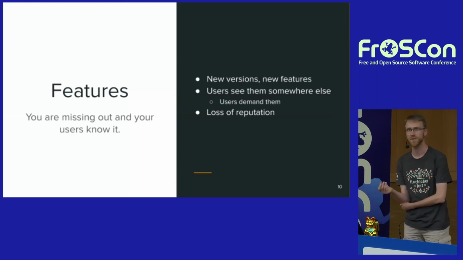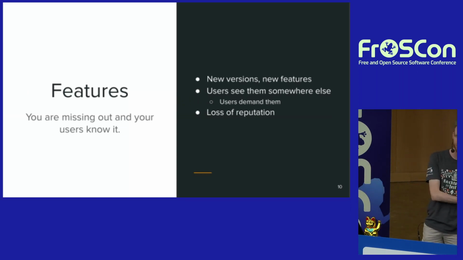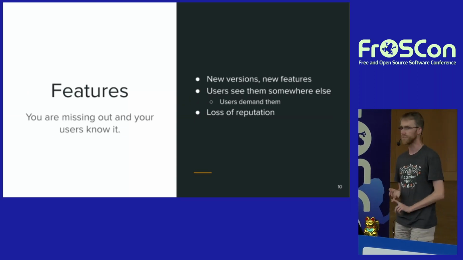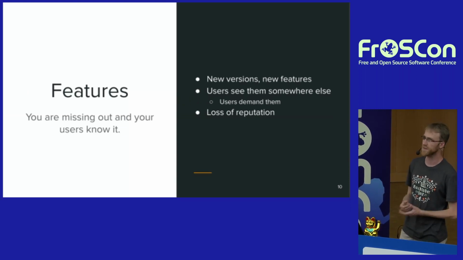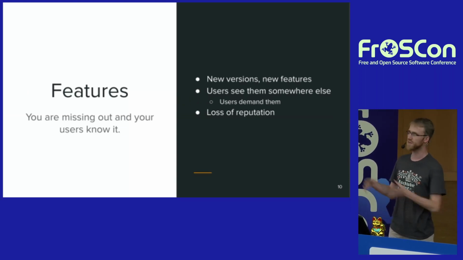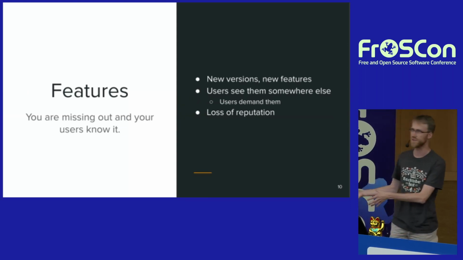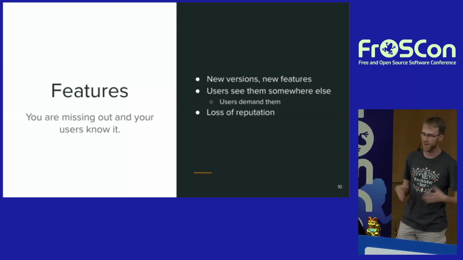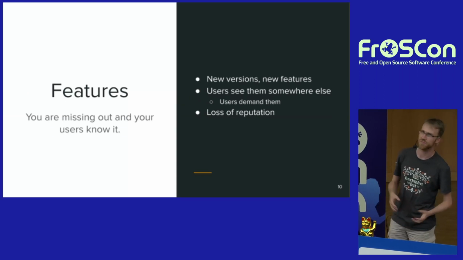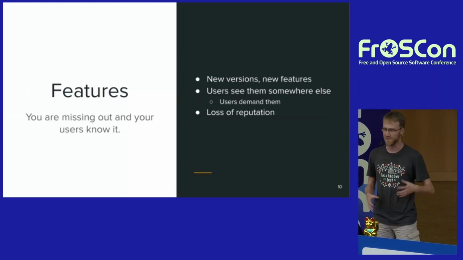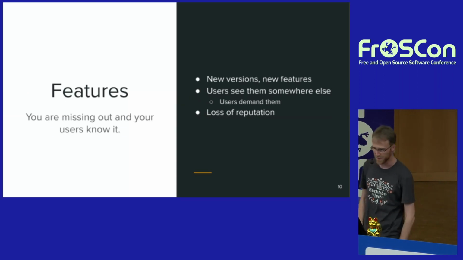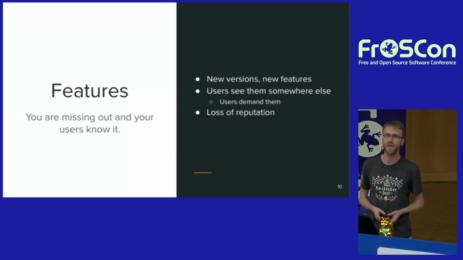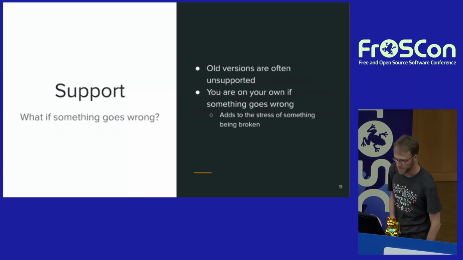In particular, if you run open source projects which other people run as well, like GitLab or Nextcloud or Big Blue Button or OpenCast, where someone will see another instance, see that they have cool new features, you don't, so you get the requests to update that, or you actually get a better reputation for running this crunchy old thing. So that's one of the things you want to update. Now, this isn't necessarily the most important thing, but it's certainly one of the things.